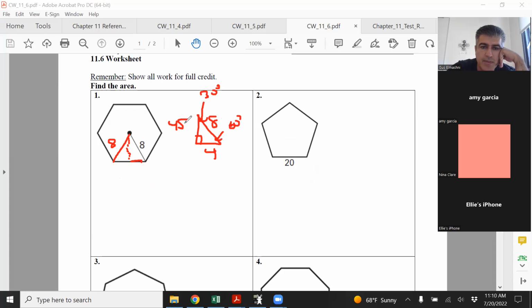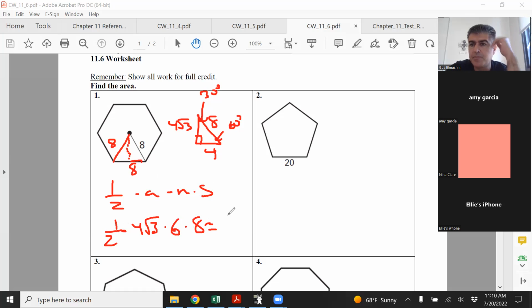So that's 4 root 3. So 1/2 times your apothem times n times s. And you are forming equilateral triangles with a hexagon. So it's 1/2 times your apothem times number of sides, which is 6, times 8. And you just work it out. That's all.